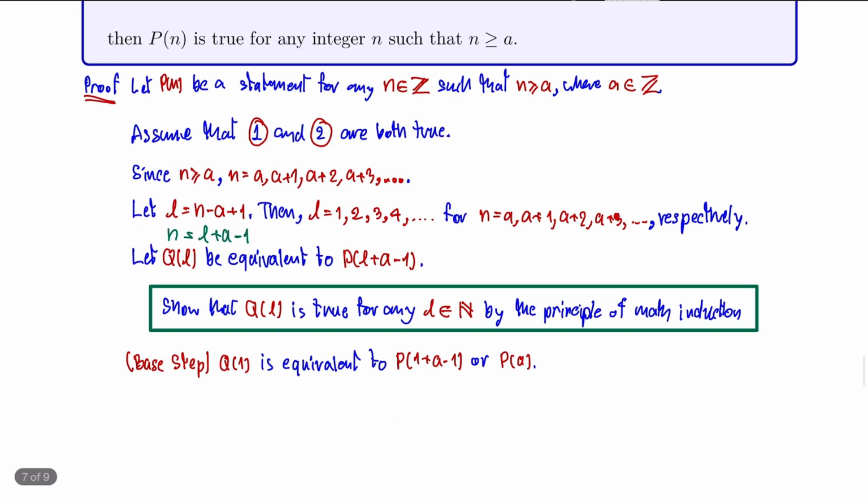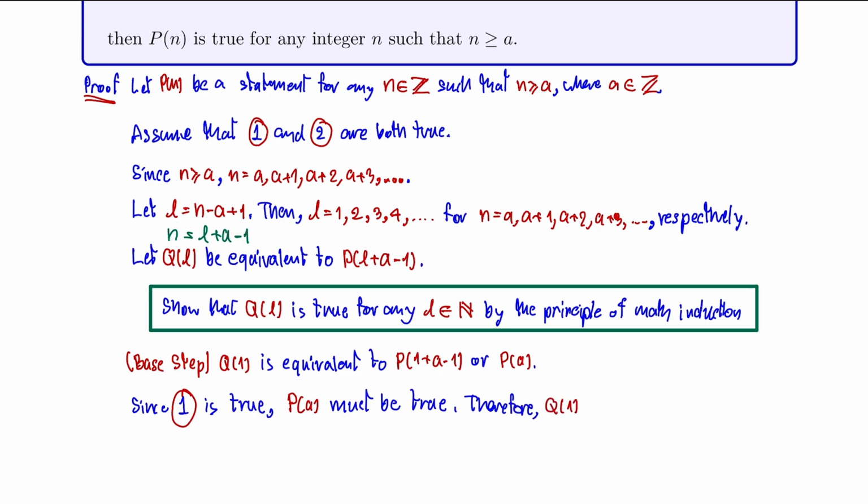What does it mean by this? Since statement 1 is true, P of a must be true. Therefore, Q of 1 is true.